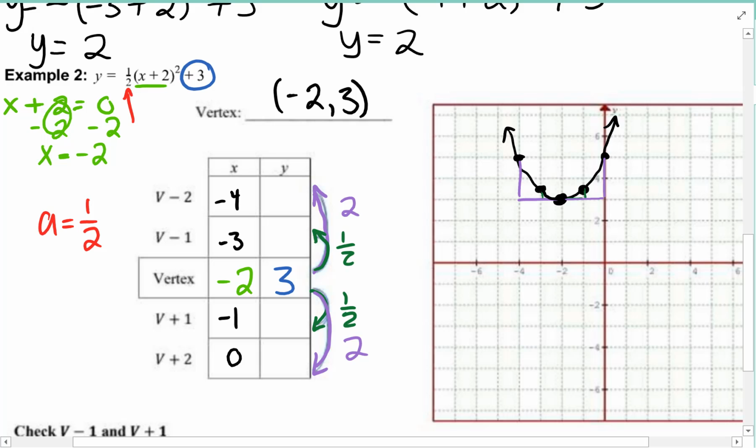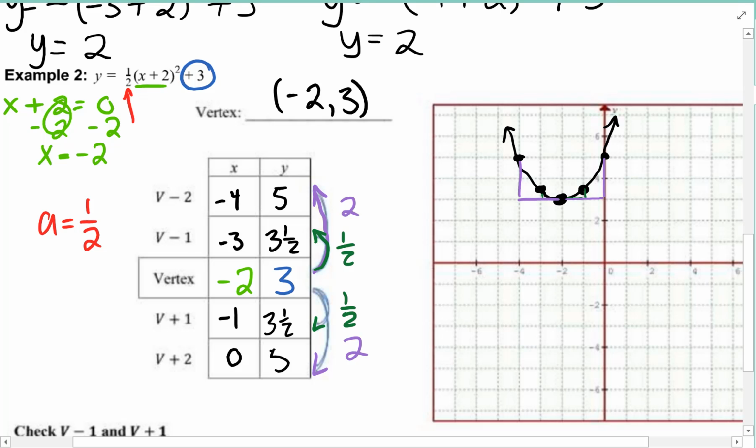Let's check algebraically. We need to take this number, 3, we need to add 1/2. 3 plus 1/2 is 3.5. And 3 plus 2 is 5.